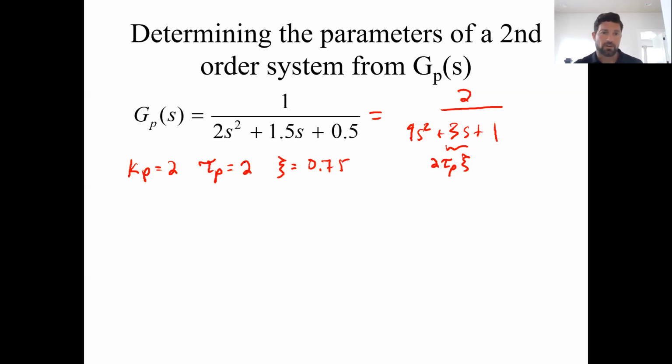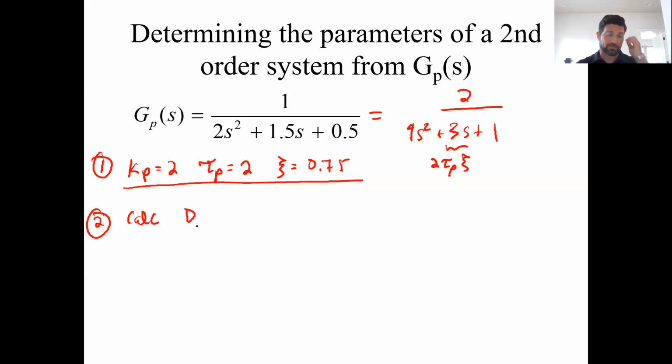So now, given a transfer function, the first thing that I do is put it in standard form and get these parameters. That's part 1. Part 2 is that, using these parameters, I can calculate D, which, like previously, is the gain times delta U, the change in the input.